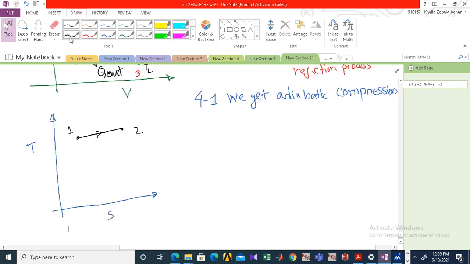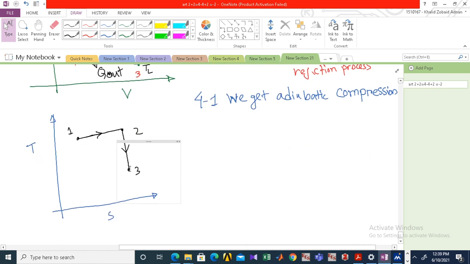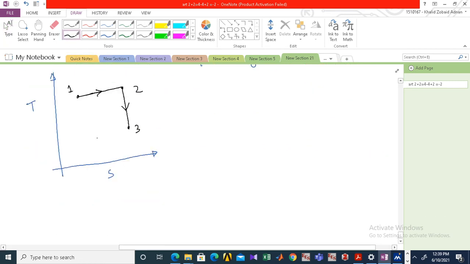So we get a vertical line, which means the entropy is the same from 2 to 3, and the temperature drops to TL. Okay, from 3 to 4, the temperature is again TL, the lower temperature or the sink temperature.